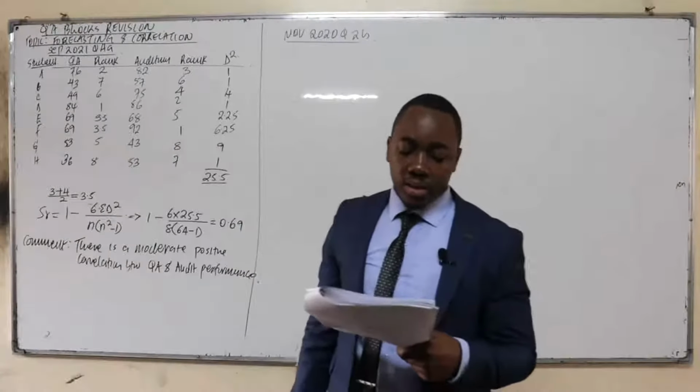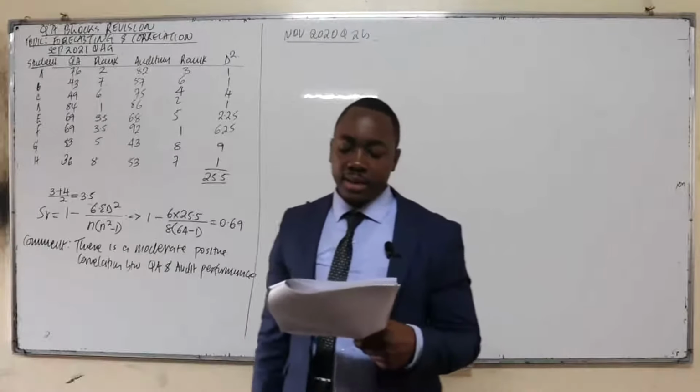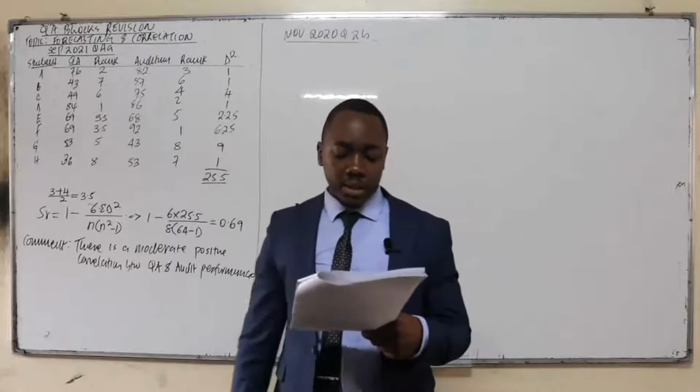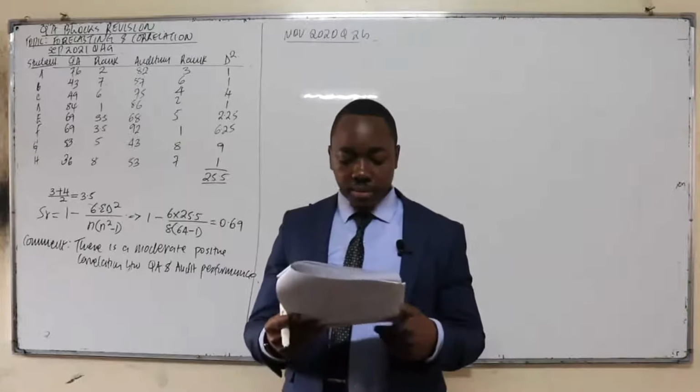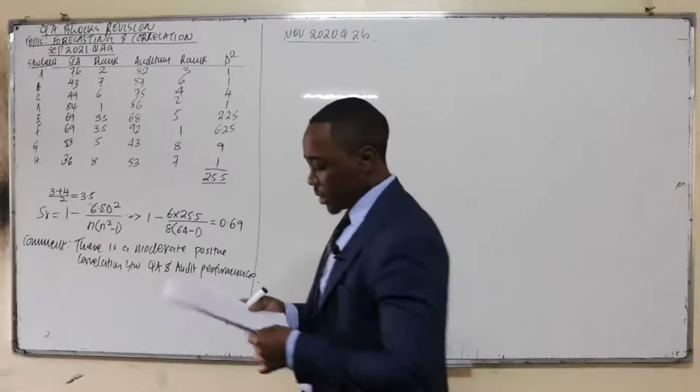So we have the contestants from A to I. We have the first assessor and the second assessor. Those marks were in percentage. Required: the rank correlation coefficient and to interpret the results.